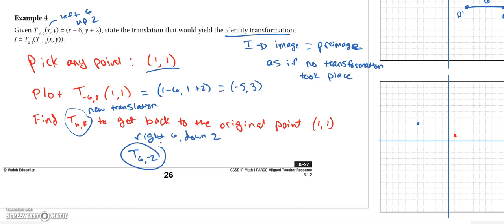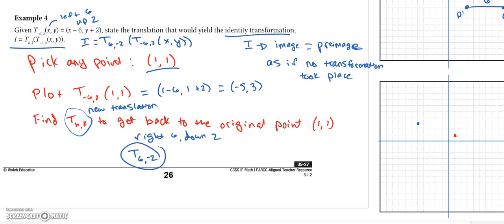So for the identity transformation up here, this 6 and negative 2 is the h and k here. We could say the identity is going to be a translation (6, -2) of translation (-6, 2) over point (x, y).